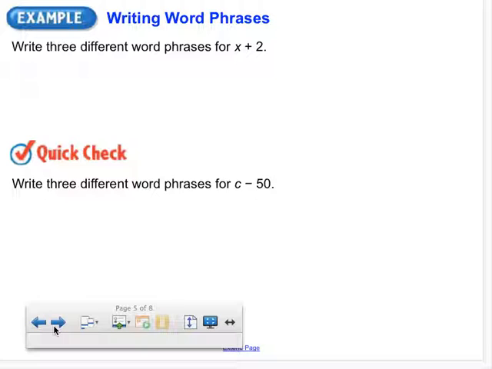3 different word phrases for x plus 2. Now, I'm just going to give you a hint. Anytime you're asked to write a word phrase, if they're not saying exactly what the variable is going to be used for, just say a number. Does that make sense? So instead of saying x, say a number. Okay? So who's got the first one?